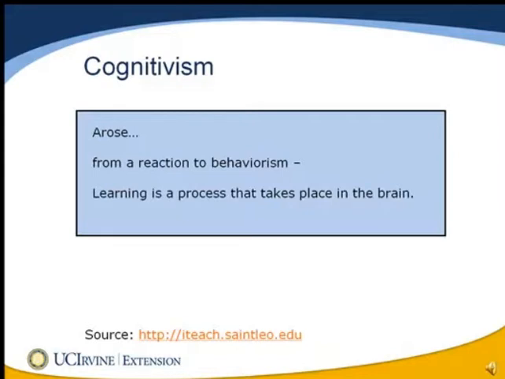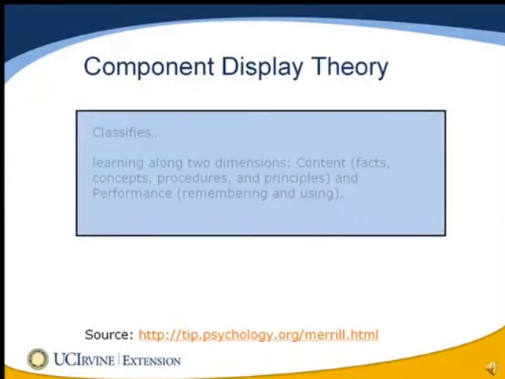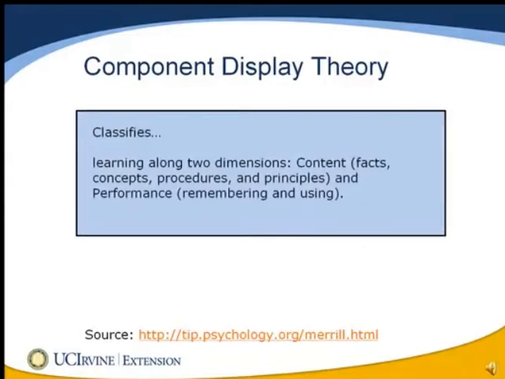I've come to lean toward cognitivist thought because it seems to resonate with my experience and observations about learning and teaching. Ruth Clark bases some of her work on David Merrill's component display theory. We'll be using Clark's framework from this theory called the content performance matrix. The component display theory by Merrill is rooted in cognitivism. The theory focuses on classifying learning along two dimensions, content and performance.